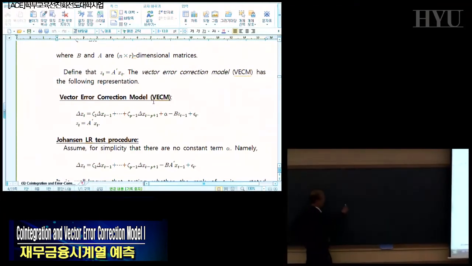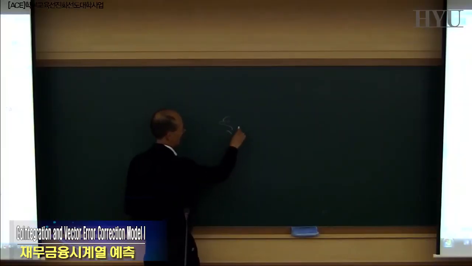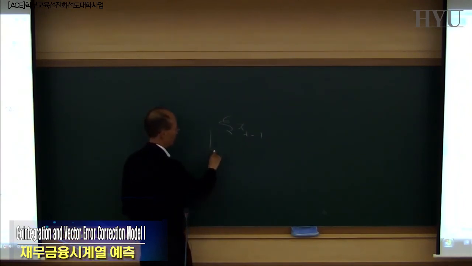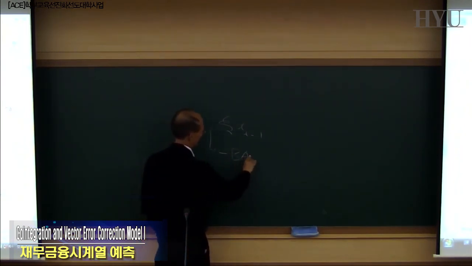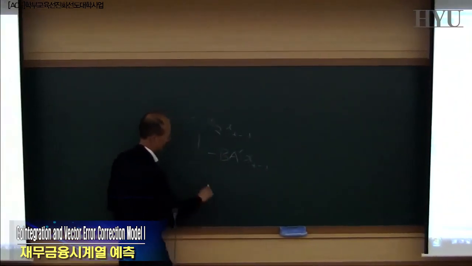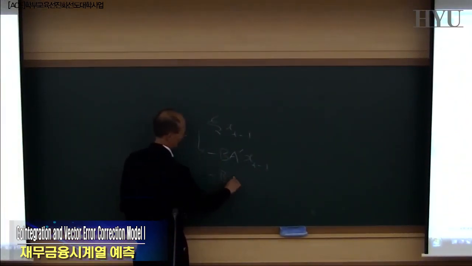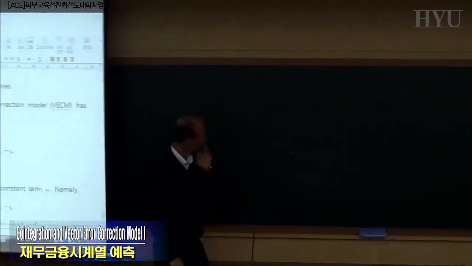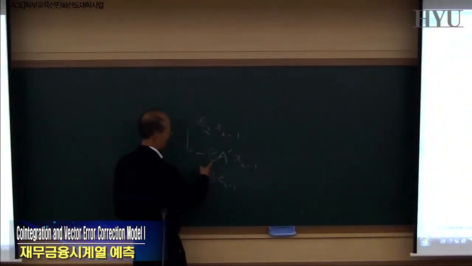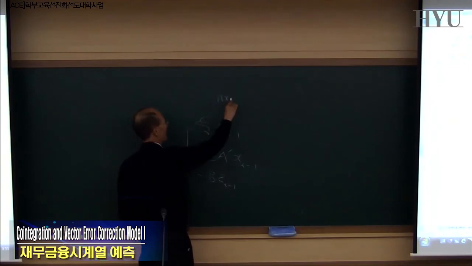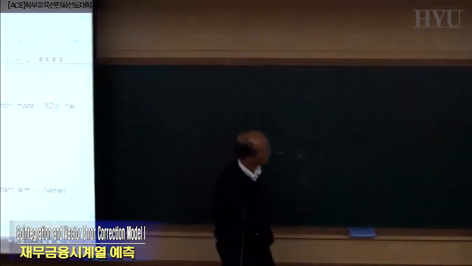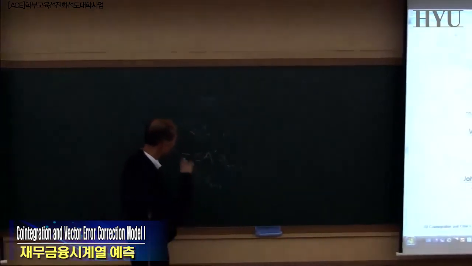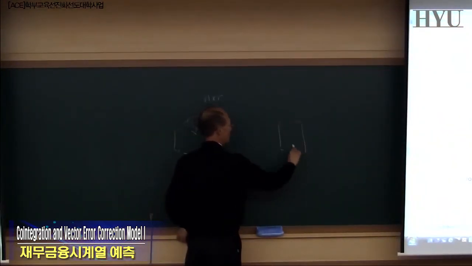But here, see, first this term. This is the way it's written, right? We say A and B are n by r. So what it says is, suppose you have x_t, x1t, x2t.